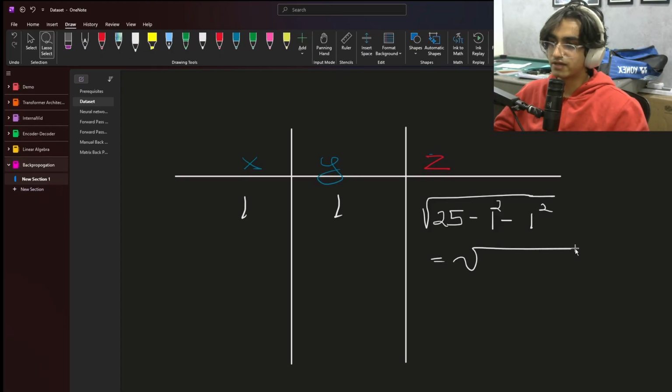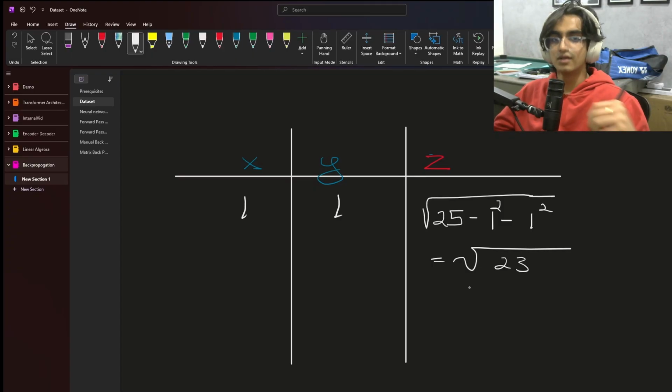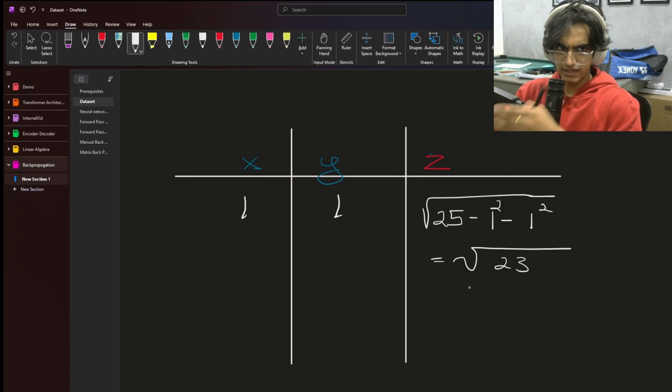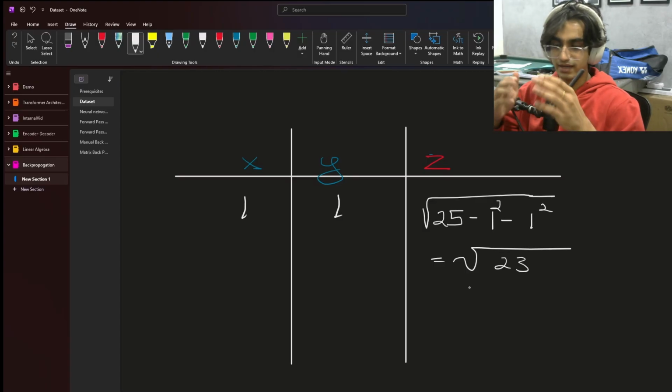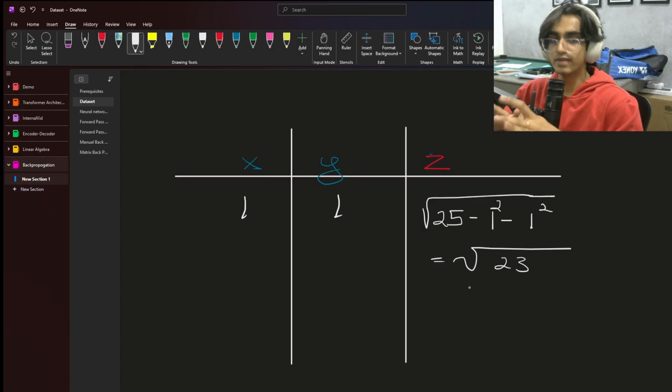So this is going to be the square root of 23. This is how we're going to calculate: we're going to take random points of x and y, calculate the z using this formula, and populate our table, and this will be our data set.